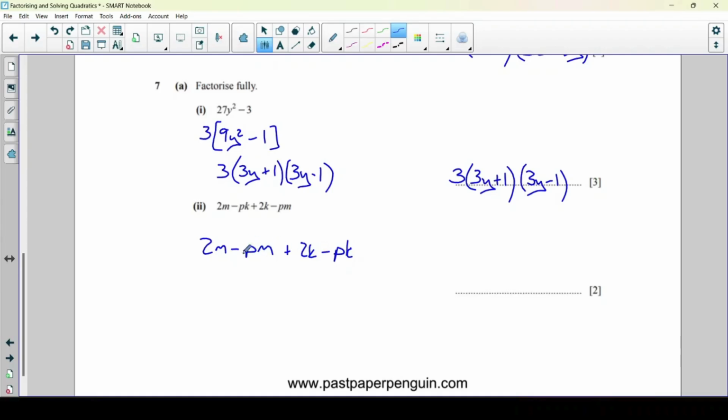Look, I've got that same kind of pattern with the p's second, the 2's first, and now let's try and factorise. So let's take m out, and we get 2 minus p, and out of these we can take k out, and we get 2 minus p again. So m plus k, 2 minus p.